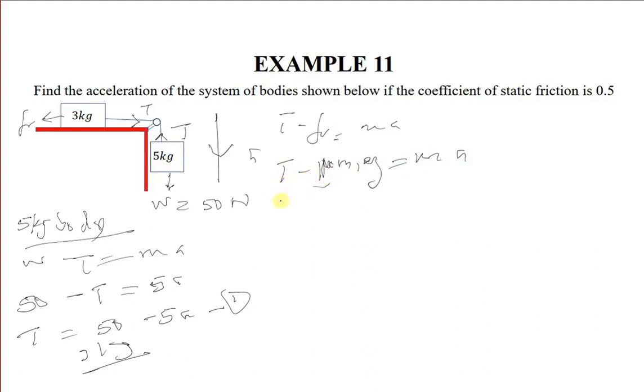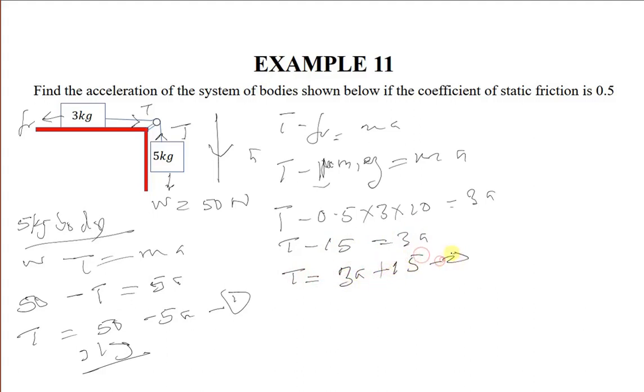So that will give me tension minus, what is mu? 0.5 times M1, which is 3, times 10, equals to 3A. So T minus 0.5 times 10 is 5, then times 3, that is 15, is equals to 3A. So T will be 3A plus 15, equation 2.